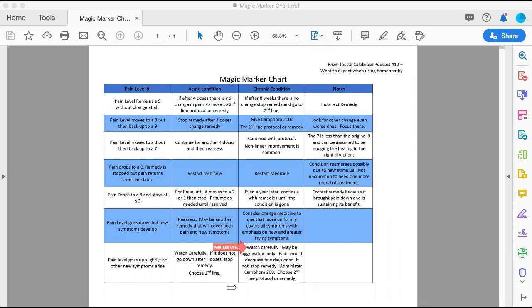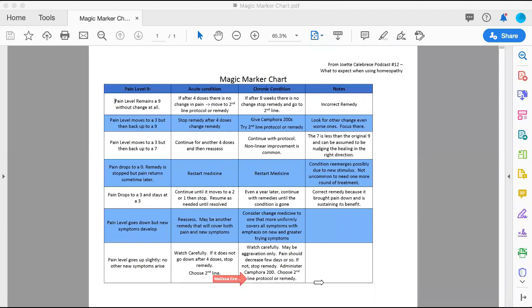So if it is only an aggravation, then the pain should decrease in a few days or so if you stick with the remedies. If not, then stop the remedy, and you would take Camphora 200, and then choose the next line of protocols.